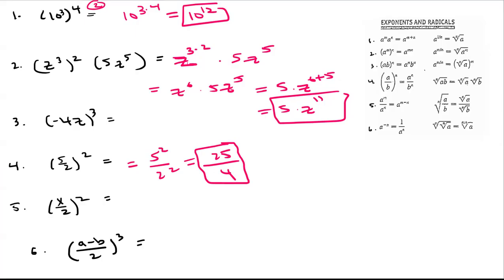Okay, so this one, I'm going to use rule number 3, right? I can use rule number 3 here. Rule number 3, this one right here. Okay, can use that one. So this is going to be -4 raised to the third times that z to the third power.